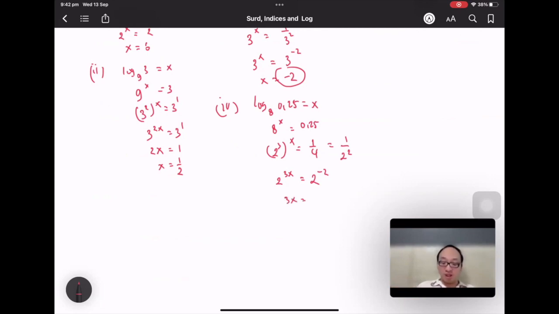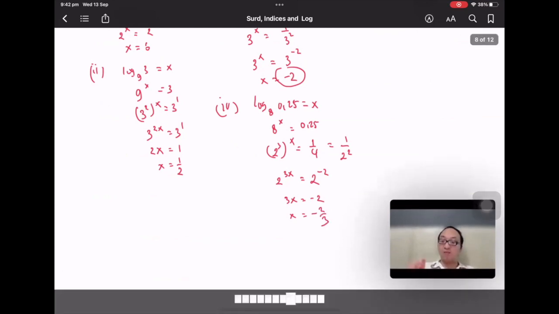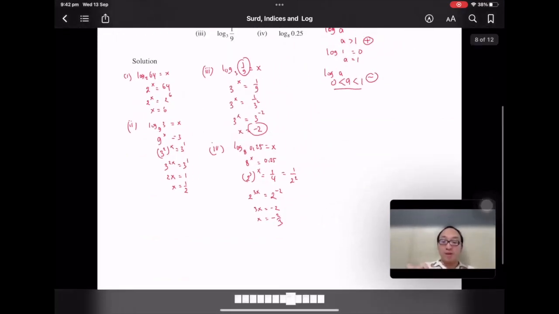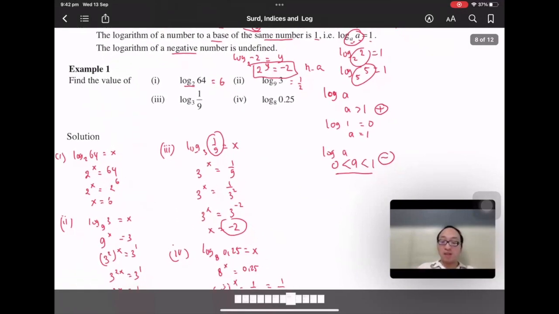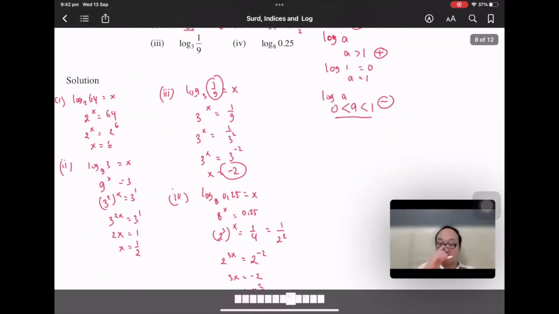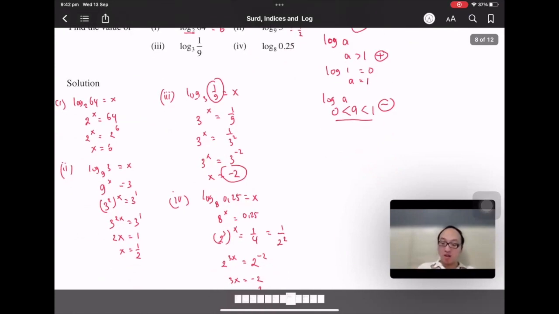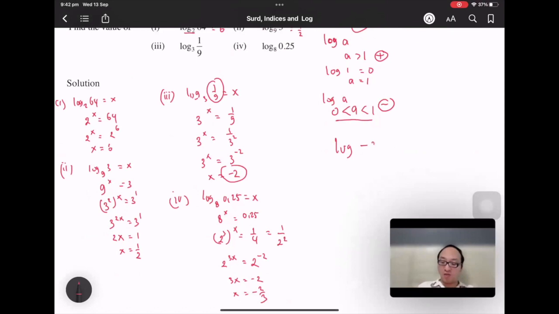So 3x equals negative 2. x equals minus 2 over 3. Remember that the logarithm cannot have a negative number. So there is no log of minus 2. We don't have this value because a should be between 0 and 1, or greater than 1, for the result to be 0.